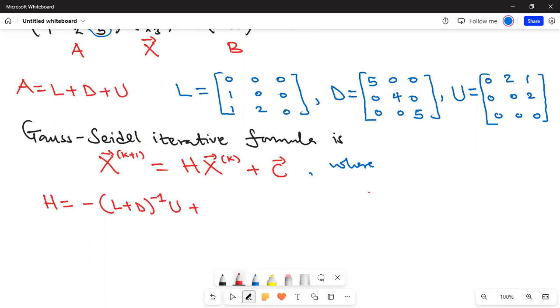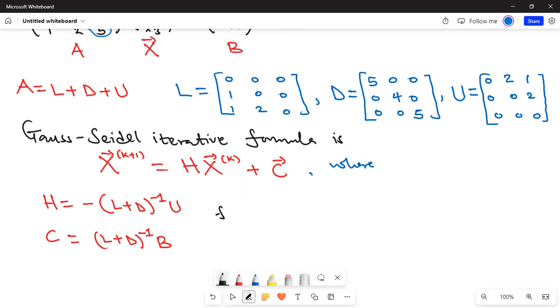And then the other one, which is C, is given by C equals L plus D inverse times B. Remember, k ranges from 0.